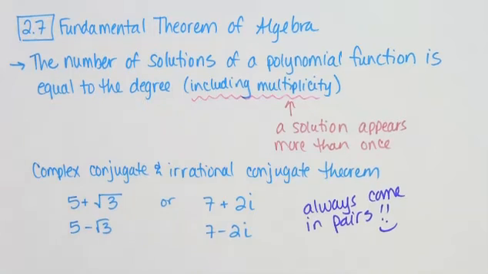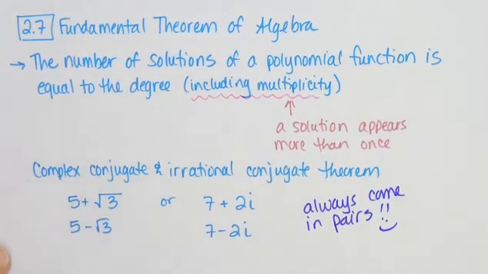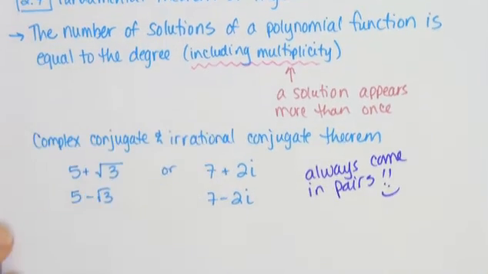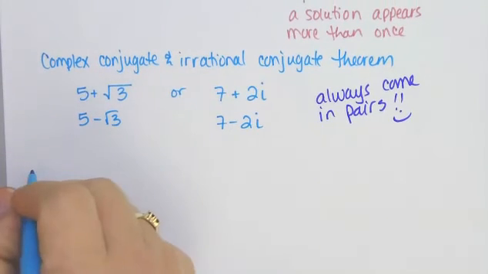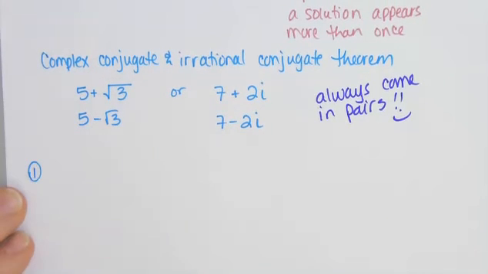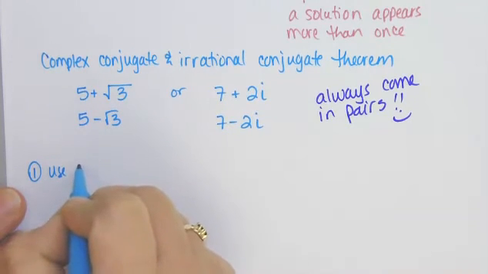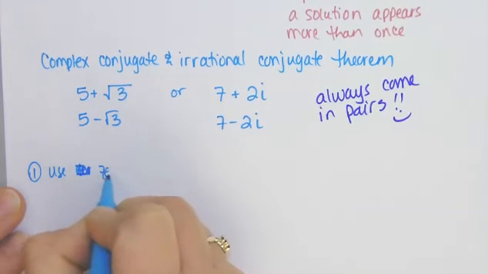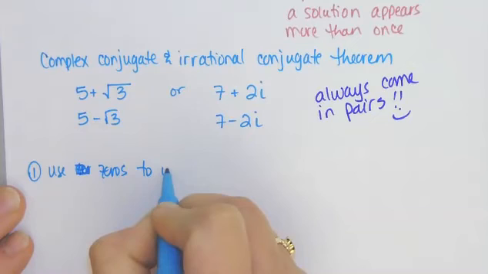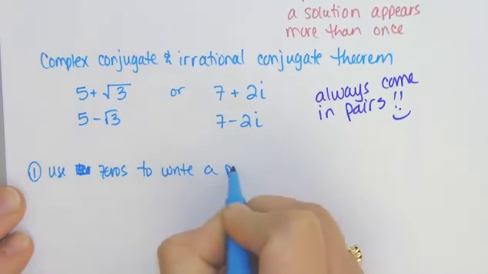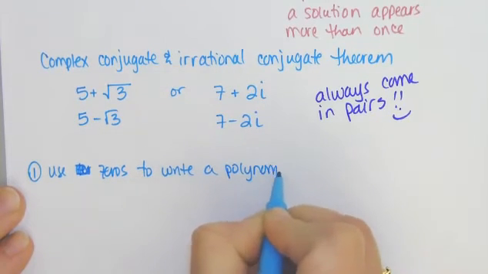All right, let's try some examples here. What I'm going to do here is I'm going to give you some zeros and you guys have to give me a polynomial function. So my directions would say use the zeros to write a polynomial function.